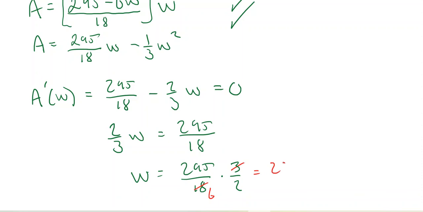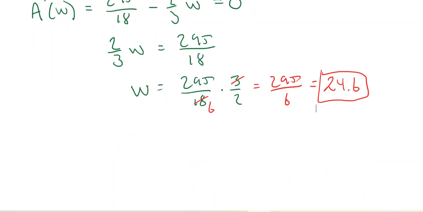So this reduces to 295 over 6. And I do believe that's going to come to approximately 24.6. So that's rounded to the tenths place. So W is 24.6. That would be the width that would answer our question.